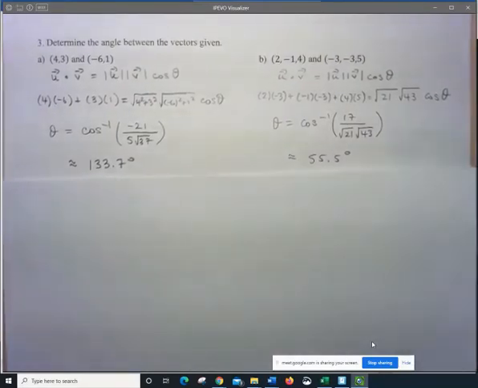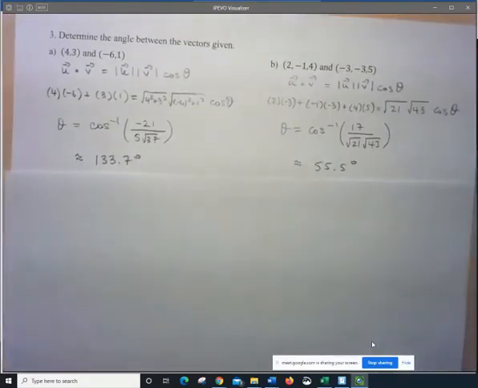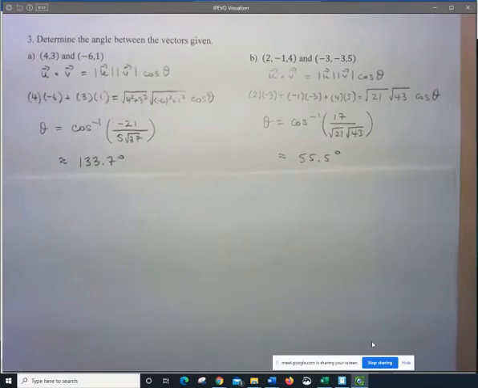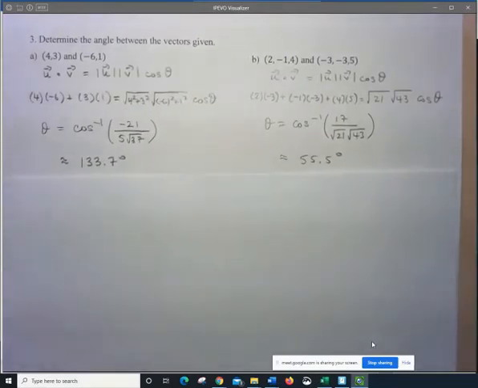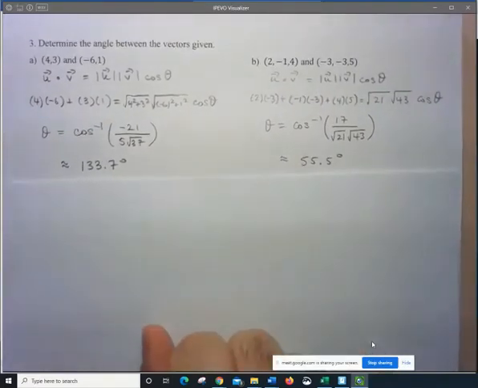But you're going to rely on your trust and your faith in the operations that we've defined, and this is why we prove them, to make sure we have complete faith that these work, okay? So this would be the angle between the two vectors in 3D, all right? Any questions on this here?